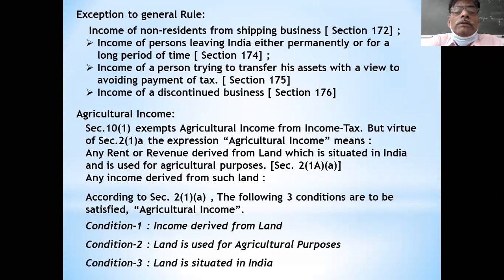And the third point is income of a person trying to transfer his asset with a view to avoiding payment of tax. Some people in India, for the purpose of avoiding tax or avoiding a high rate of tax, transfer their assets or income to their relatives or other persons.